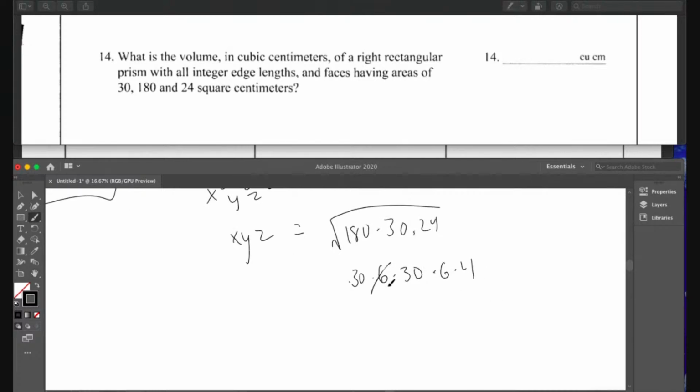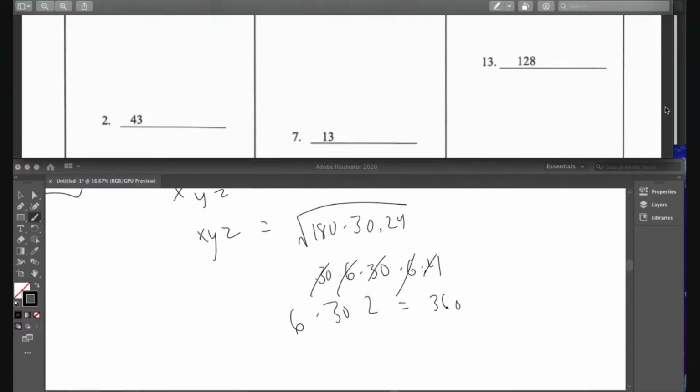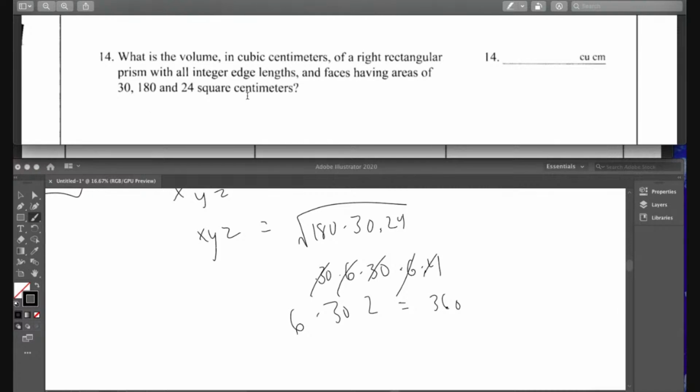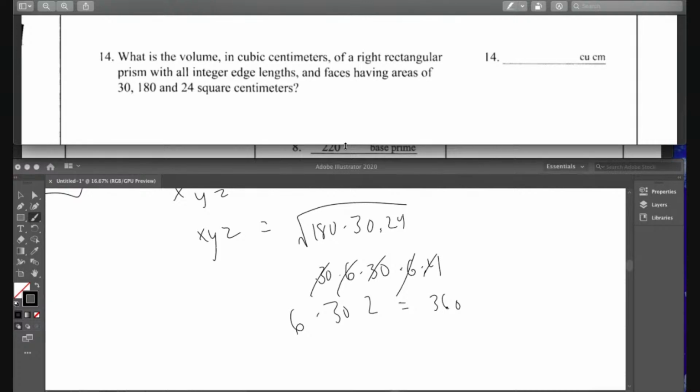So I can take out the two 6's into one 6, the two 30's into one 30, and the 4 into a 2. Then my volume is 12 times 30, which is 360. Check units: the areas are in square centimeters and it wants cubic centimeters, so we're fine. We're on number 14, so that's our answer.